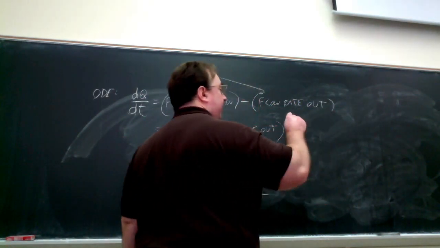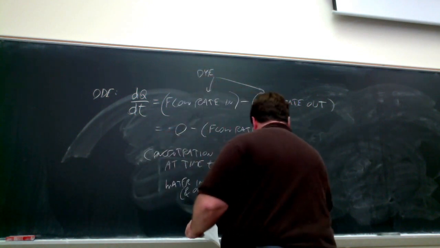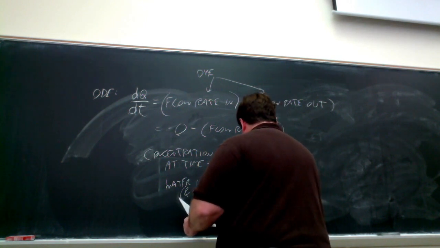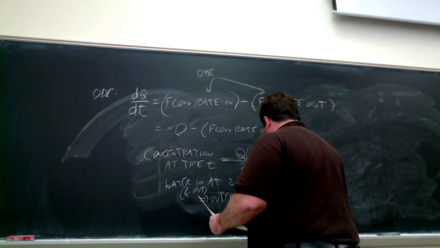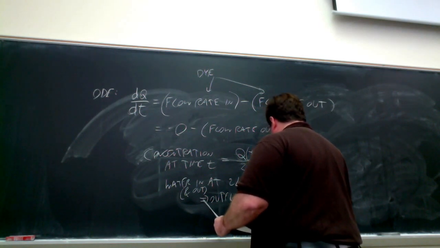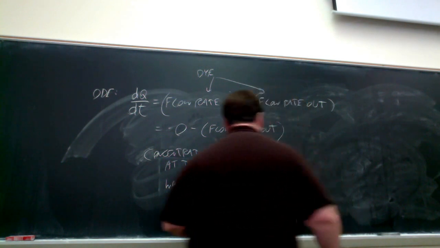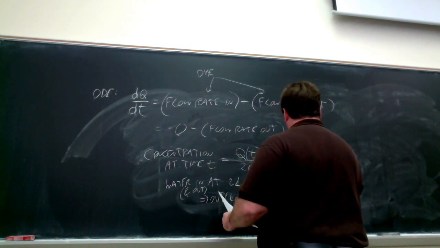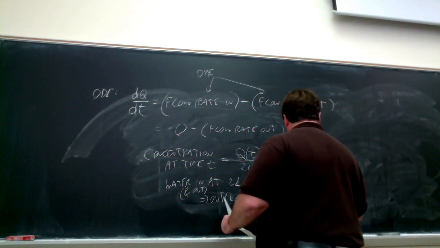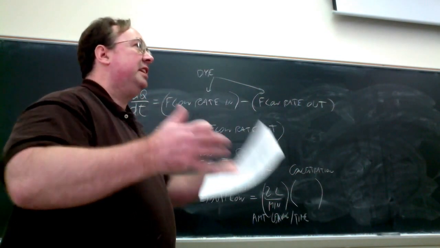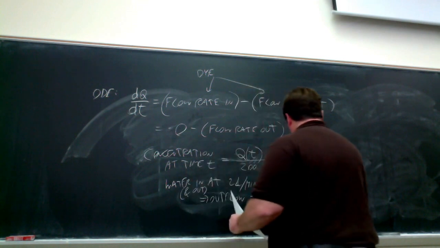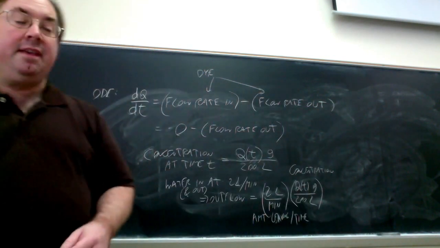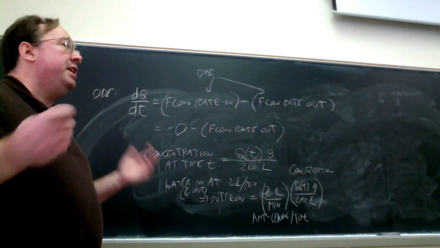Since we have outflow of 2 liters per minute, this is the amount leaving per unit of time, times the concentration of dye that's in that liquid that's leaving, and that's going to be Q of t grams over 200 liters.